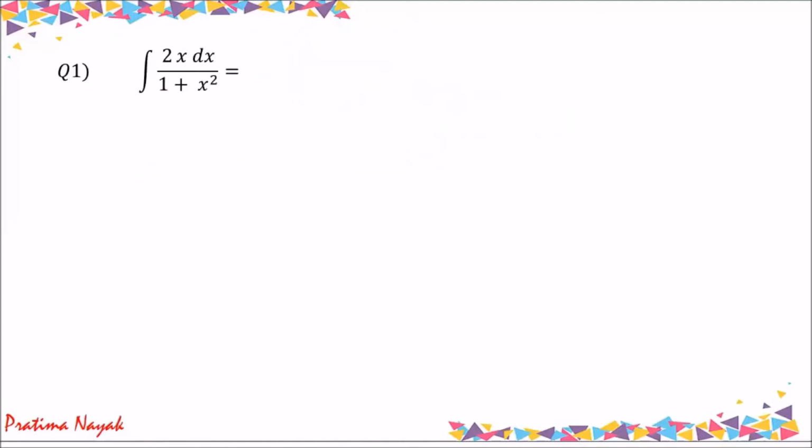So next, I'm going for exercise questions. Exercise 7.2, question number 1. Here I'll take 1 plus x square as t. First think of the numerator. Whose derivative is this? This is the derivative of 1 plus x square. The derivative of 1 plus x square is equal to 2x.